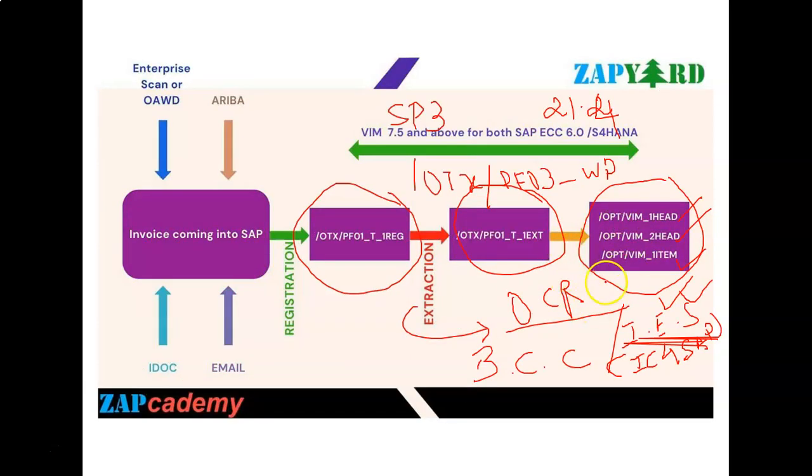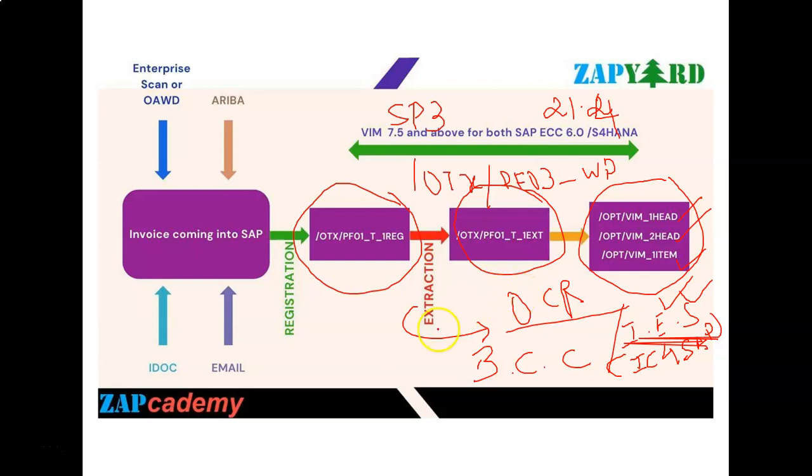But here it all talks about BCC or IES. So once again, your Business Center inbound configuration replaces the incoming document handling framework and your ICC dispatcher framework from VIM 7.5 SP3 and later.